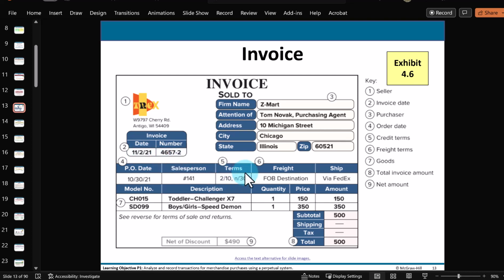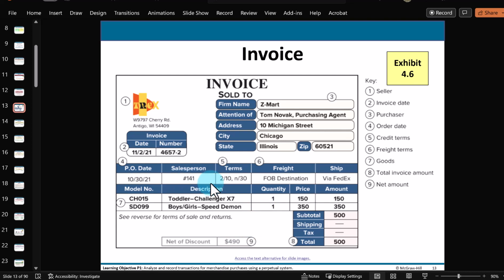But the terms also provide for a 2% discount if we pay our bill within 10 days of November 2nd. Here you can see the discounted price would be $10 less, 2% of 500, netting to $490.